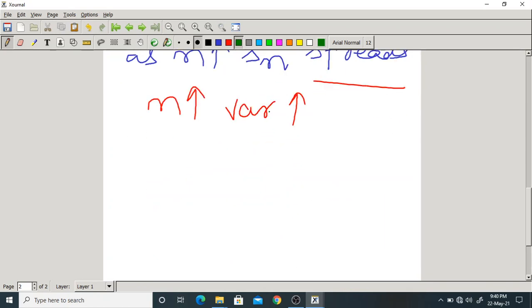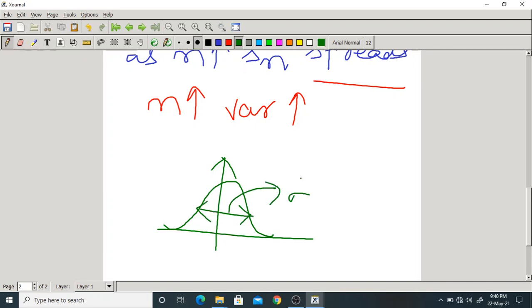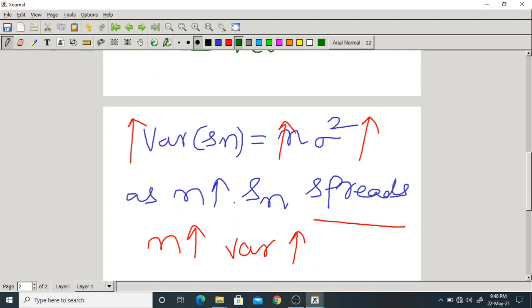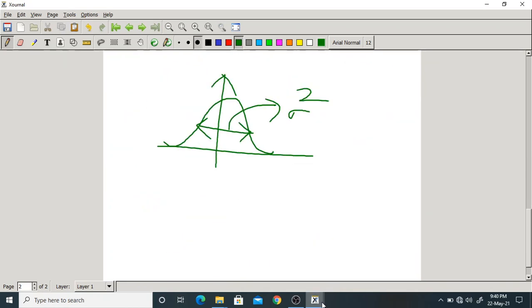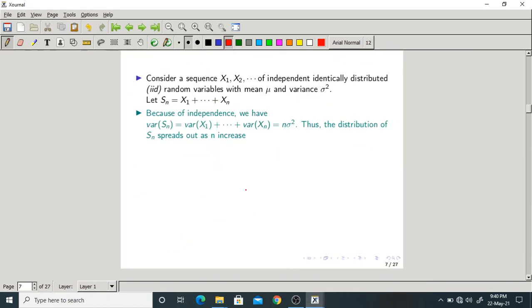Actually, what is the variance? Suppose you take the Gaussian PDF, this is the spread. It is given by sigma or sigma square. If sigma square is more, there is more spread, isn't it? That's why if n increases, the variance increases. Obviously, Sn is spreading. That is the simple meaning. Sn spreads out as n increases.